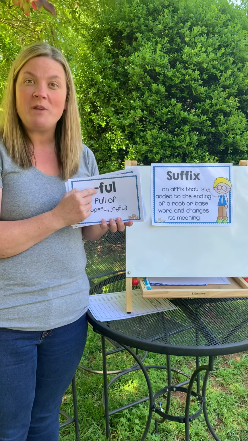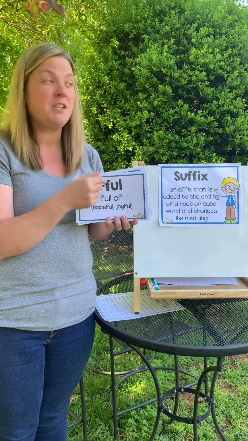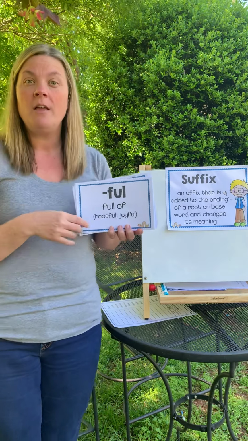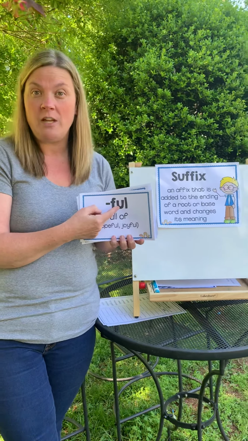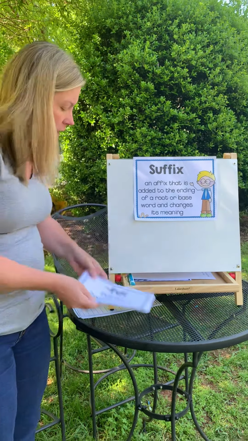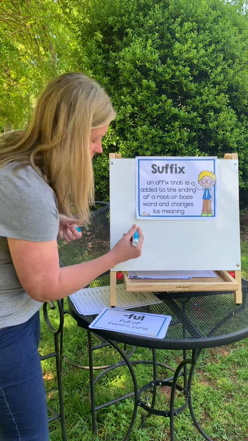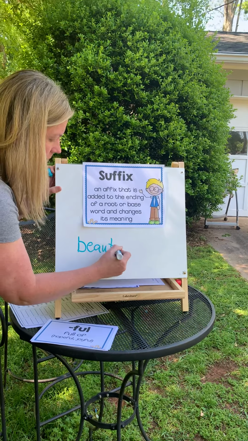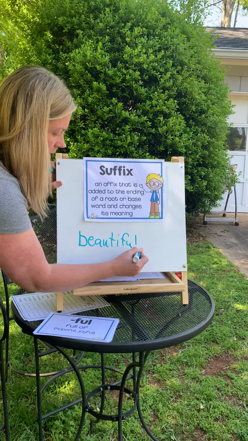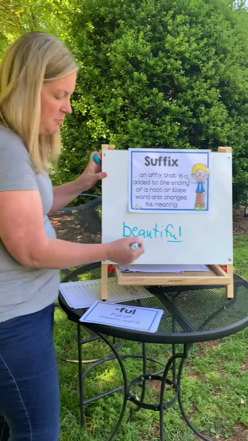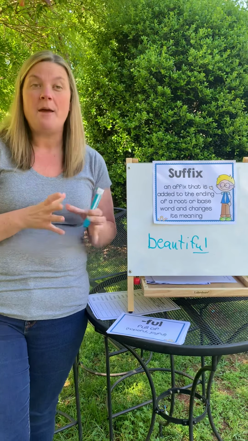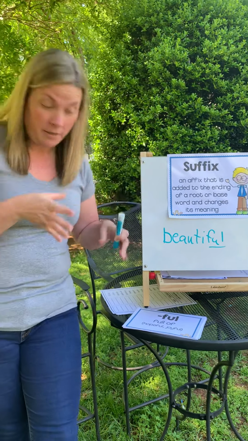That is something that would be added, a group of letters that would be added to the end of a word, like beauty, okay? Put full at the end of beauty, you get beautiful. It's just spelled a little differently. Okay, here's the suffix, and beauty would be what we call a root word, okay? That means that was the original word.